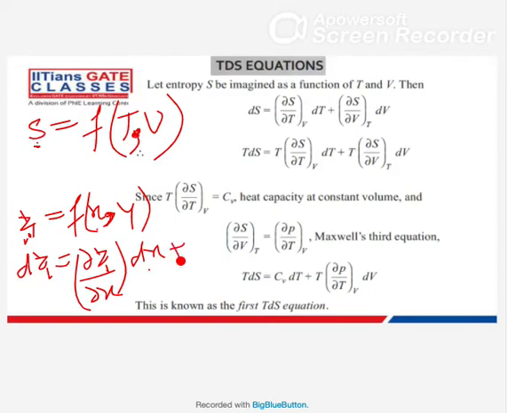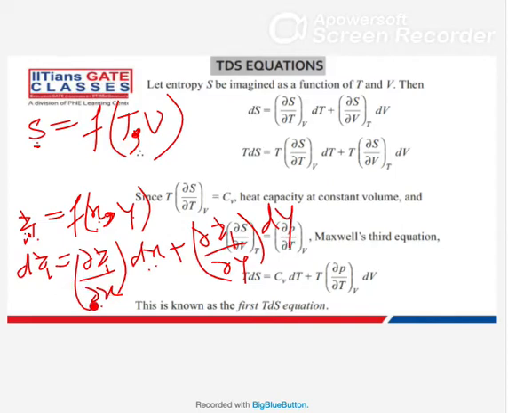I have shown you this in fluid mechanics also, while deriving the acceleration equation. So change of any variable, if it is a function of two variables, z a function of x and y, then dz can be written as dou z by dou x multiplied by dx plus dou z by dou y multiplied by dy.